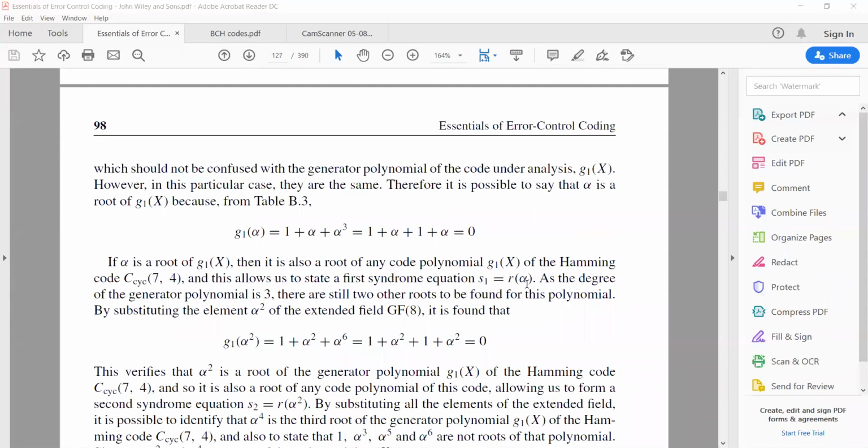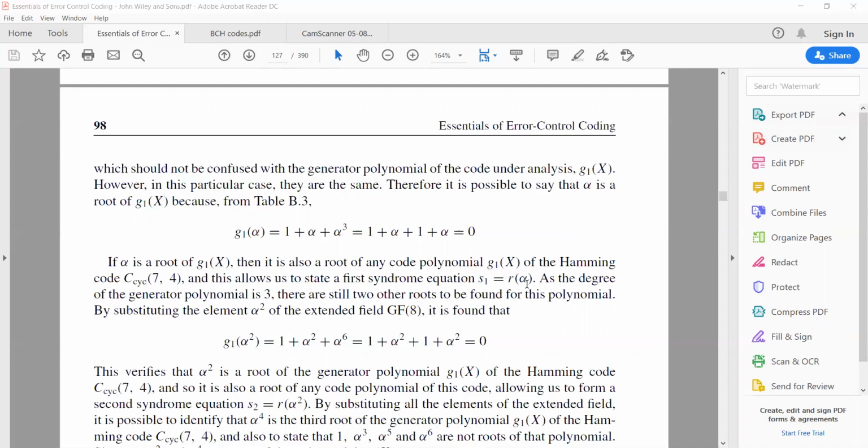is R alpha? Because now we know that one of the roots of the generator polynomial is alpha, which is the same as the root of the generated polynomial. So the root of the generator polynomial is known, which is alpha.